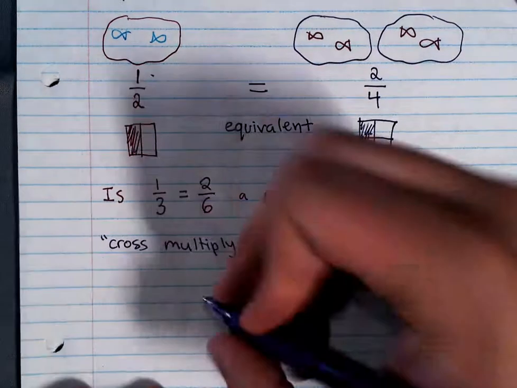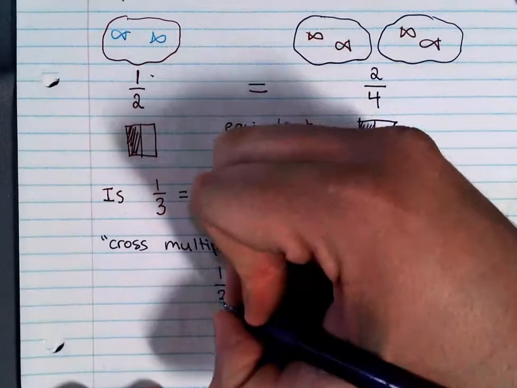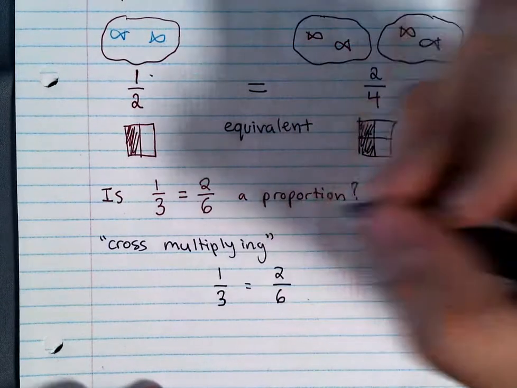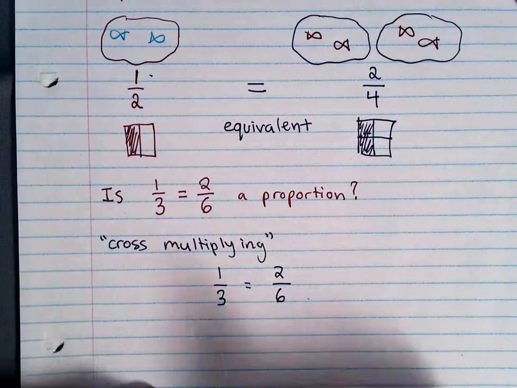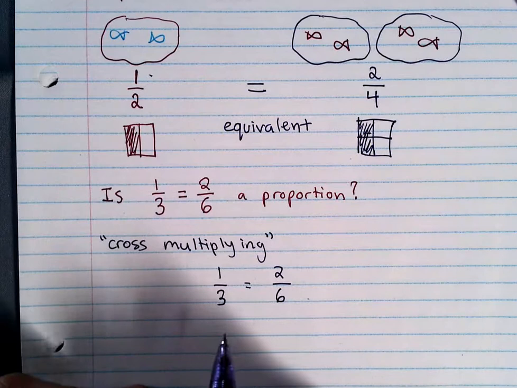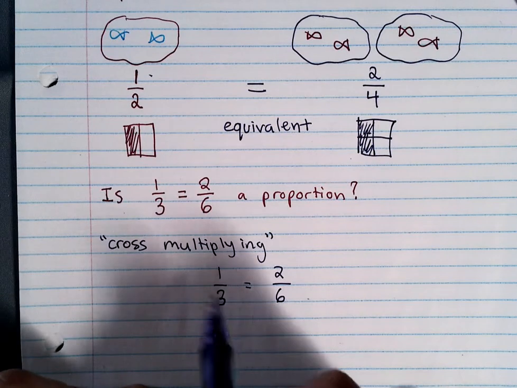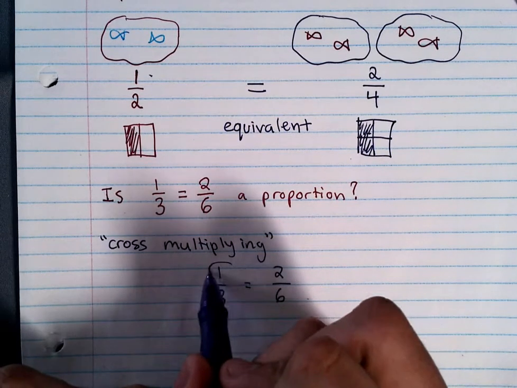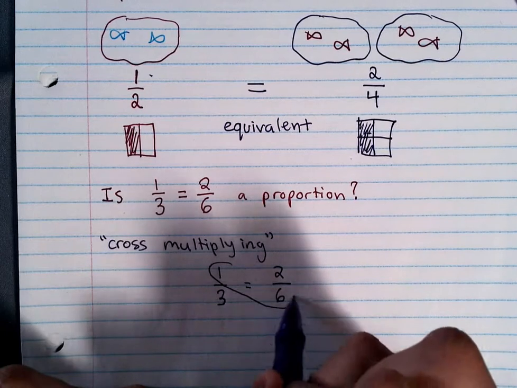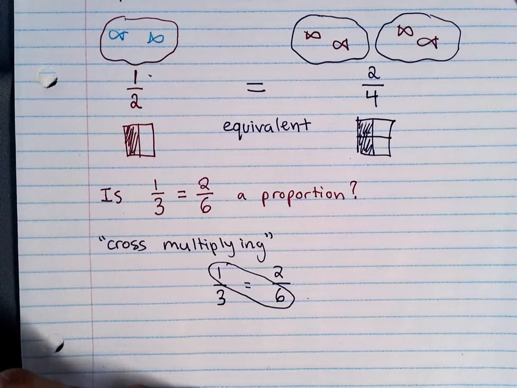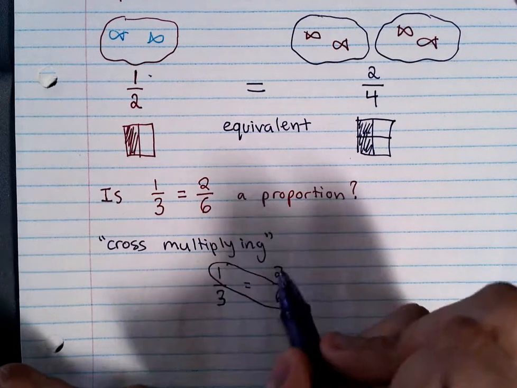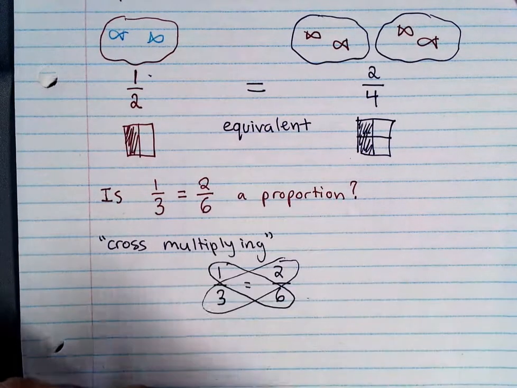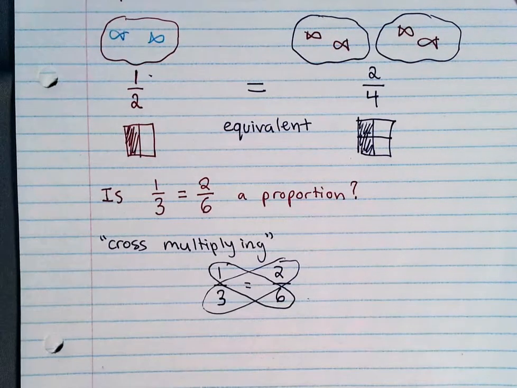We have 1/3 and we have 2/6. What does cross multiplying look like? We take our numerator and denominator from each separate side. So our 1 and our 6, and our 2 and our 3, and we put them together.